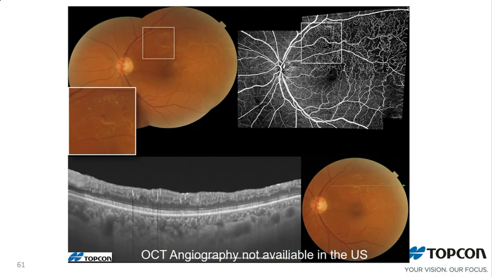This made me very concerned because here you see a ghost vessel. It's a dead vessel, which shows up in the OCT angiography. And I was very concerned about that because if we pick up fibrotic vessels, then we're not doing what we're supposed to be doing. And that's a bad situation.